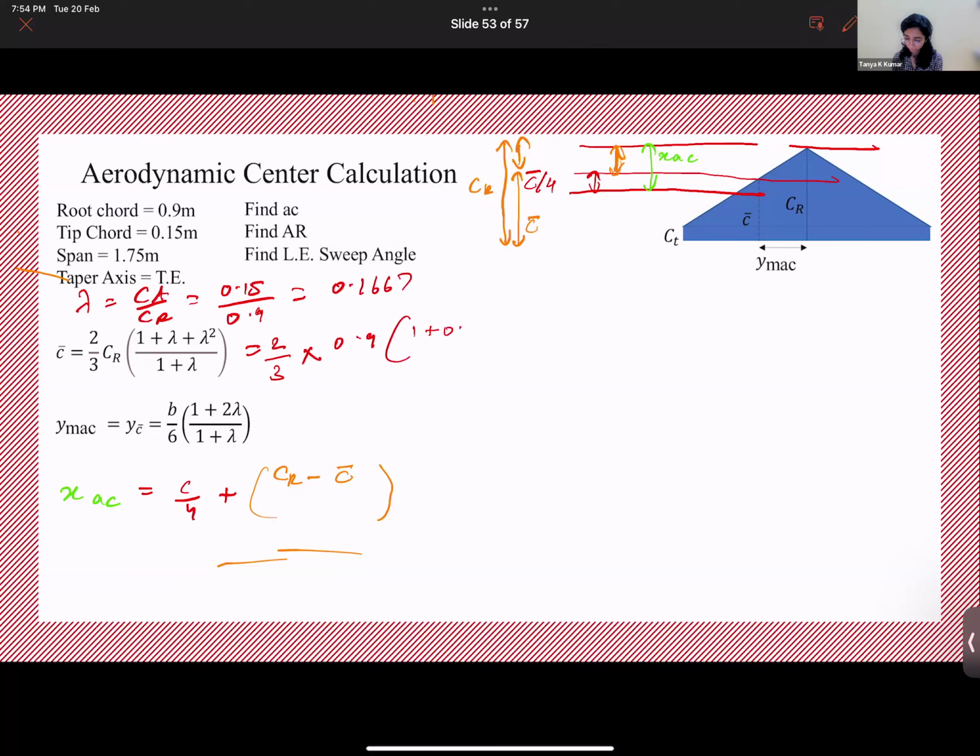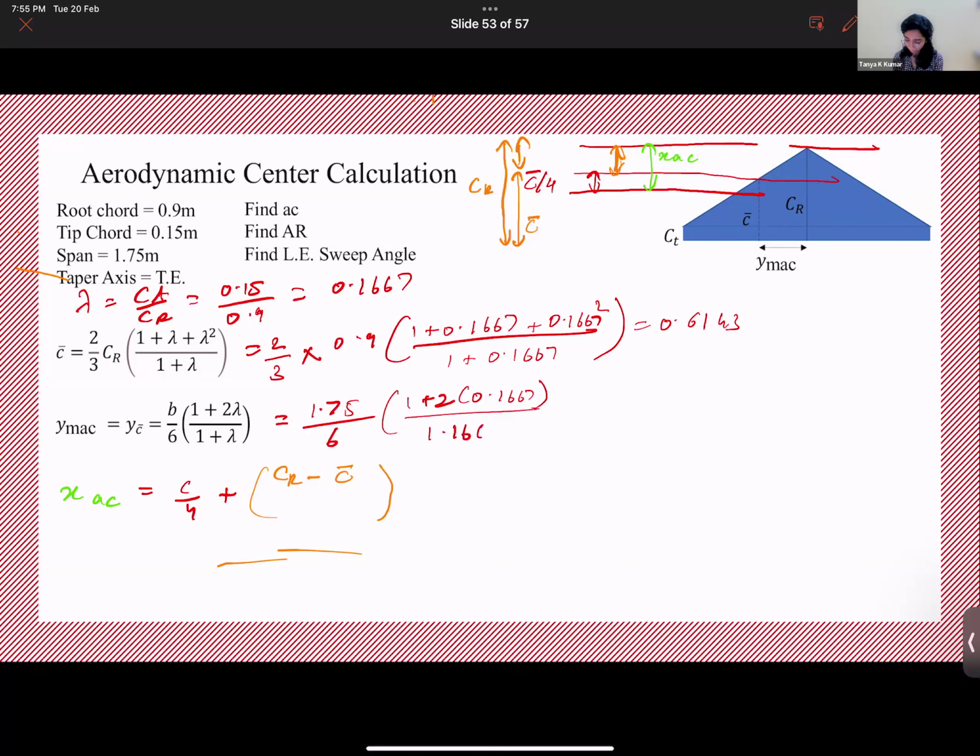One plus 0.167 plus 0.166 plus 0.167, 0.6143. Okay, what is YMAC? B by 6. B is 1.75 by 6, 1 plus 2 into 0.1667, 1.17.